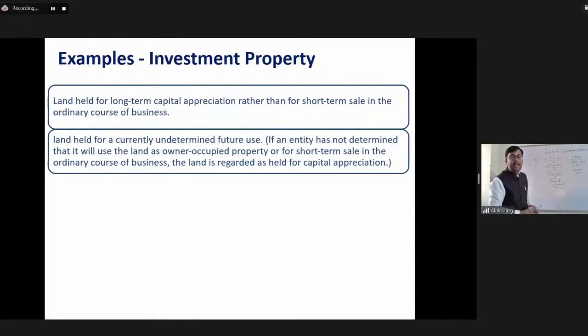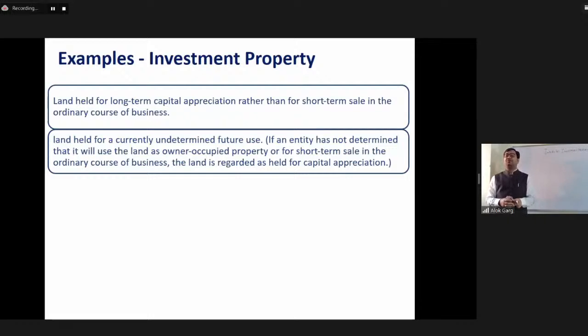Second, land held for currently undetermined future use. The company has purchased the land. The company was getting the land at a very reasonable price, and the company has purchased that land. But the management is not sure whether we need to use this land for our business purposes, or keep this land for long-term capital gain purposes.